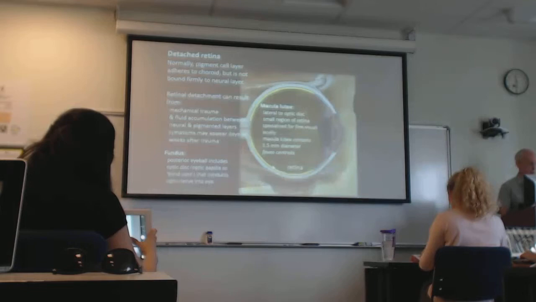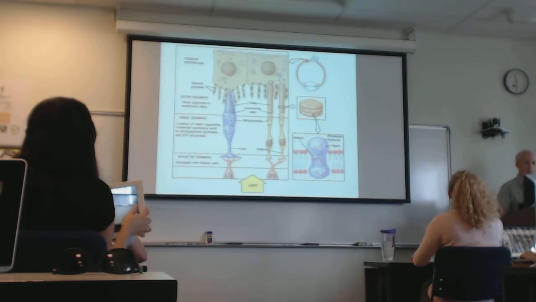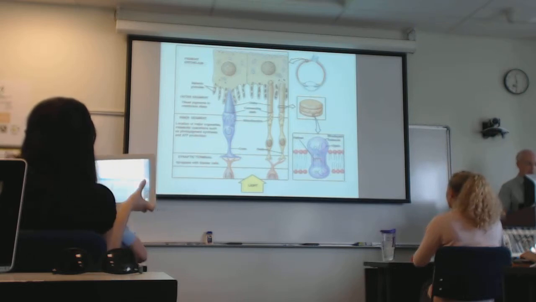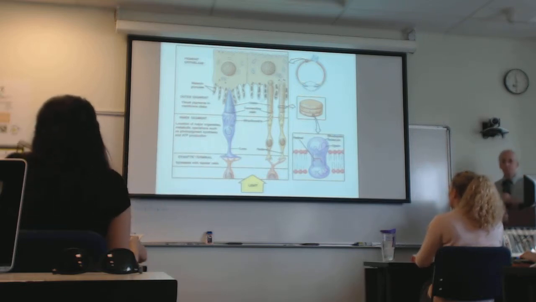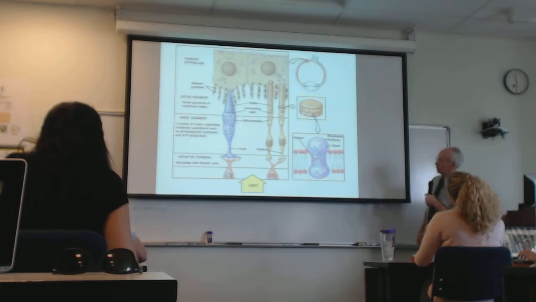But there are about 6 or 7 layers of cells down here at the bottom we're not looking at. Why is that surprising? Because this is the front of your eye at the bottom of the screen. The light is coming in from the bottom, moving all through those cells, and then finally making its way to the rods and cones.